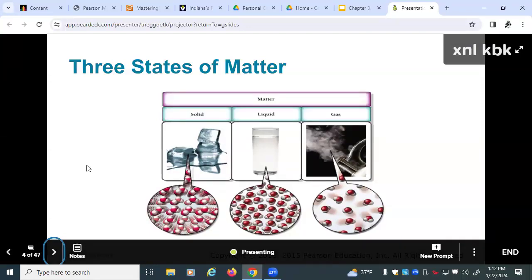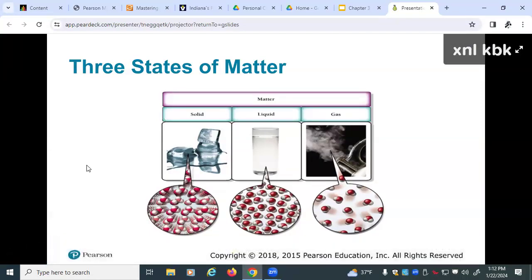So one way that we can classify matter is in phases. We can classify matter by its so-called states. 3 states of matter, we know: solid, liquid, and gas. We have a discussion about that 4th phase of matter, the plasma phase.